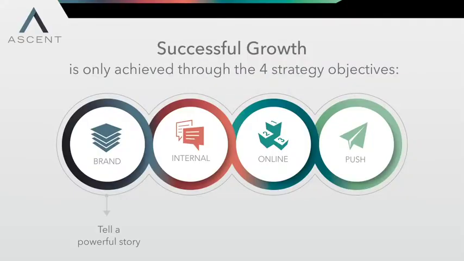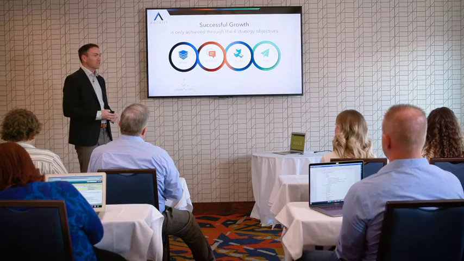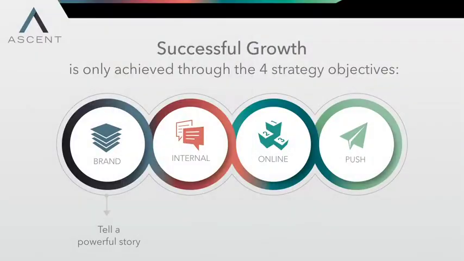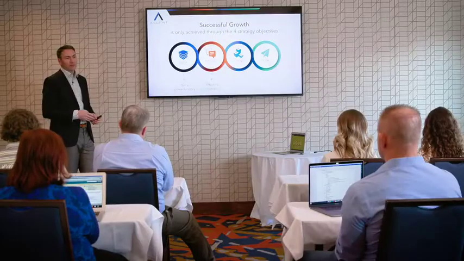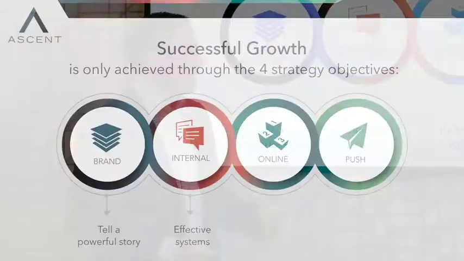In fact, the primary purpose of a brand is to tell a powerful story, something that helps people relate to you and have feelings and thoughts and emotions towards your business. Your internal marketing, the primary purpose is to build effective systems so that your team is consistently doing the right things in all your internal marketing opportunities.